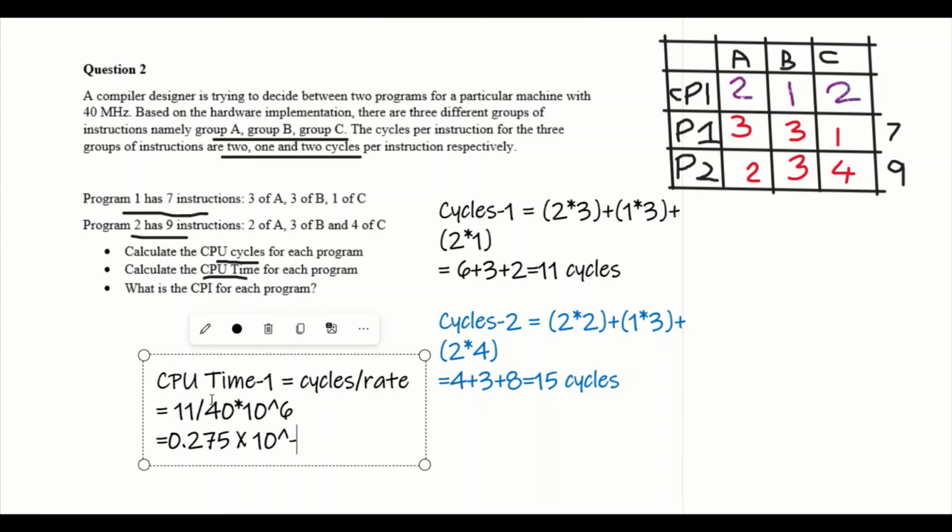Is it fine? So this is the CPU time. Very simple. You divide the cycles by the rate. How to calculate the cycles? You know already.